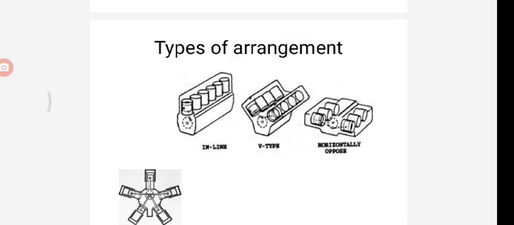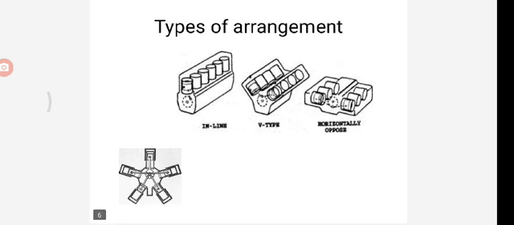Engines can be divided into many types according to the arrangement of the cylinders. Here we can see four types of diagrams, and each type differs from the others. The first diagram shows the inline cylinder.